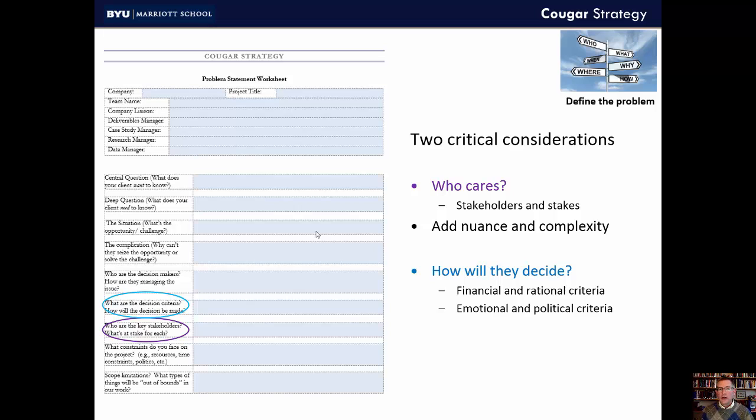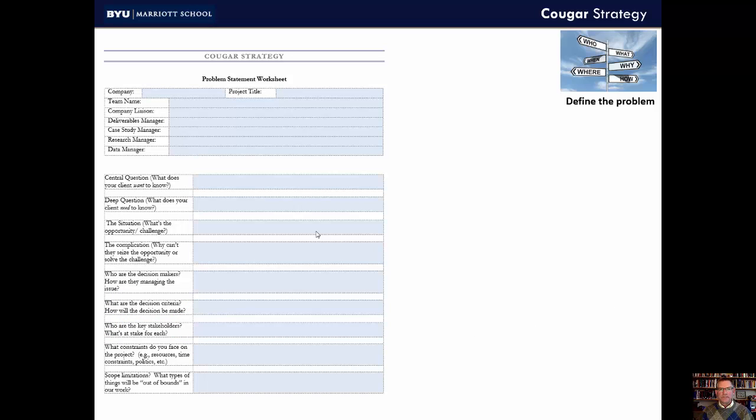Or is it a political decision where you're going to have to weigh the wants and interests of different factions within the organization? Just a heads up, it's probably going to be a combination of all four, and it's important for you because this will help you frame what's acceptable. The kinds of recommendations likely to be accepted are ones that meet the decision criteria.